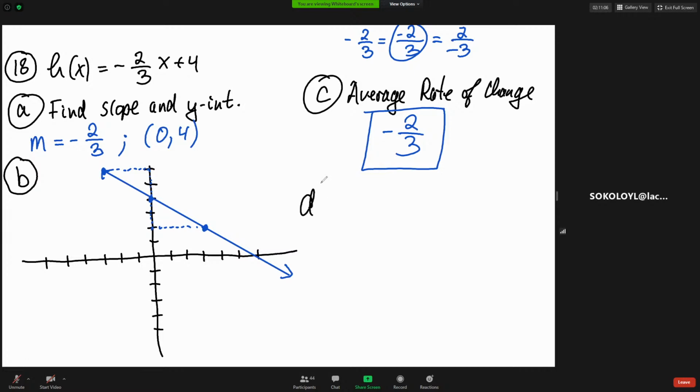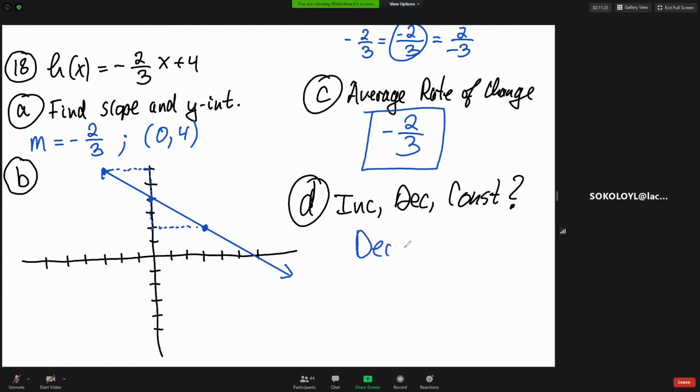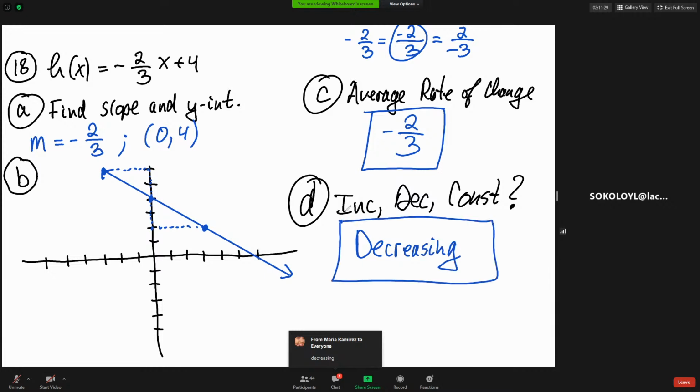Part D is asking us whether this is increasing, decreasing, or constant. And again, remember, this is linear, so it's a special approach. We don't need to consider any specific interval. Just based off the slope, we can conclude that this is a decreasing function on the entire domain because the slope is negative.